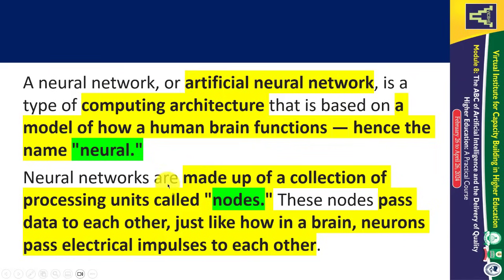So neural networks are made of a collection of processing units called nodes. You also have that in the human. Now, transferring this from human to machine, I tell you, when a machine doesn't learn well, it can face us and tackle us.